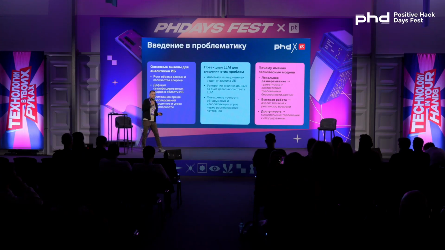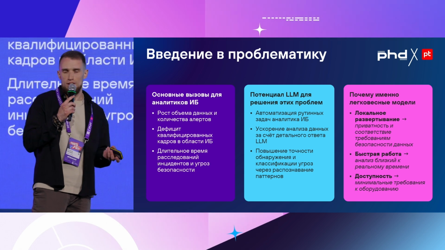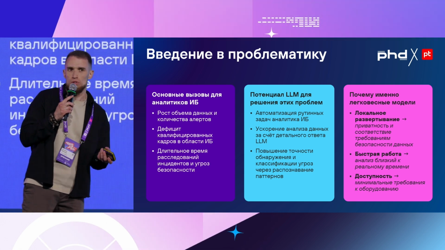Let me explain what our definition for lightweight LLMs is. For us, lightweight is anything below 8 billion parameters. We chose lightweight LLMs because they're easy to deploy. You don't need a huge GPU cluster.